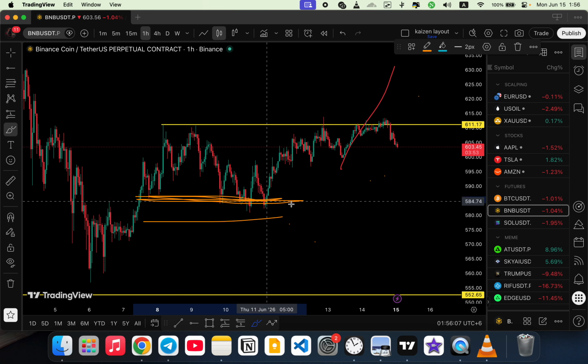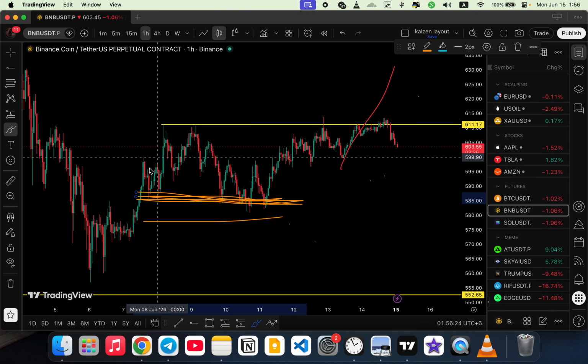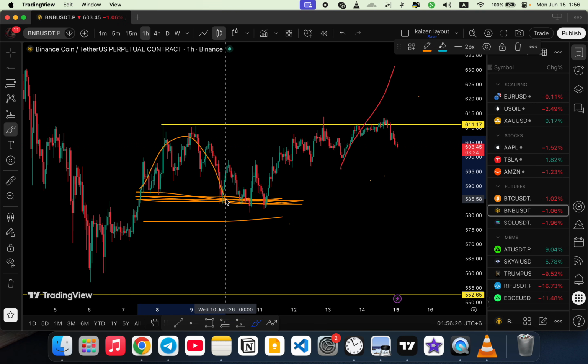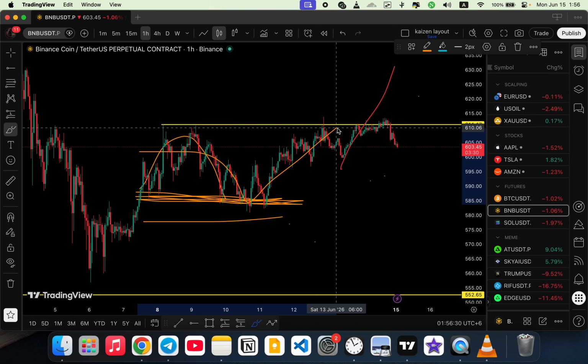Here you see we have another support. Support is the lower level, like you can imagine the base of your floor, and the roof of your home is your resistance. That's it. Here we see price touched this floor multiple times and went up.